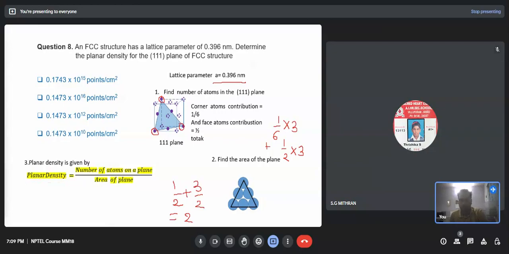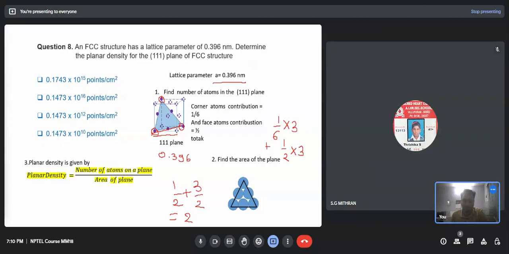Now we have to find the area also. For the area, since it is a triangle, we know this value is already given, the lattice parameter, that is 0.396, and this other value we can calculate through the Pythagoras theorem.